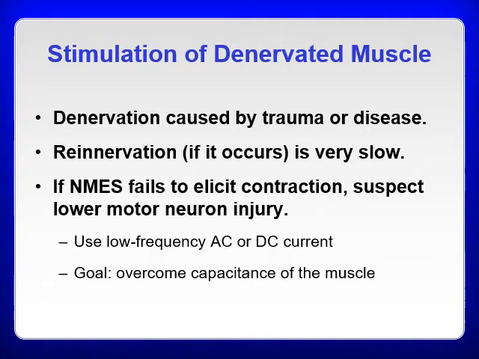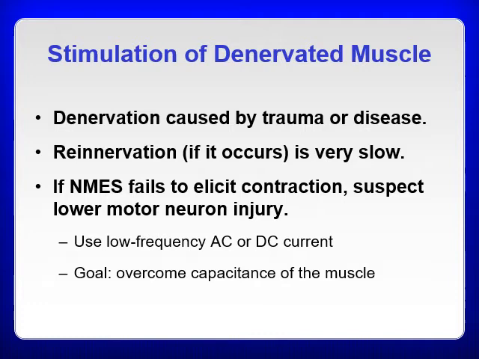You'd have to get another DC unit. Because with this, again, as we said, the goal has to be to overcome the capacitance of the muscle. To overcome the capacitance of the muscle, you need that type of current because it's harder to stimulate that than an alpha motor neuron. The capacitance of the muscle is higher than a regular alpha motor nerve.